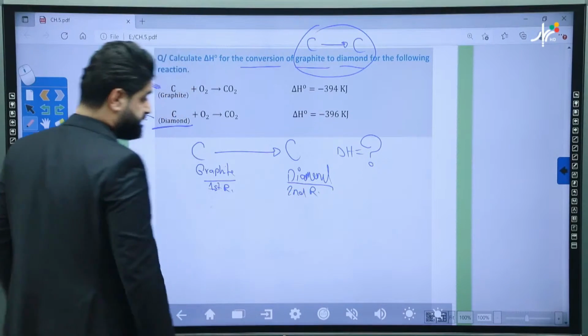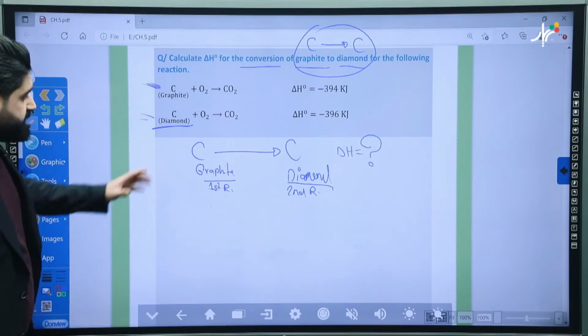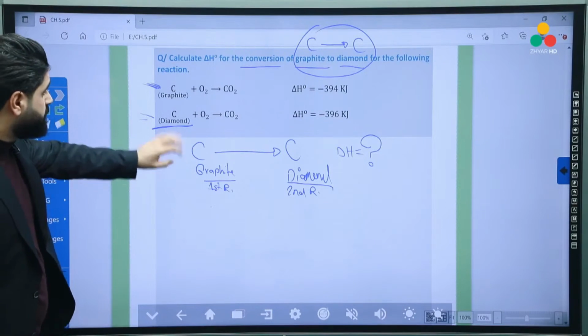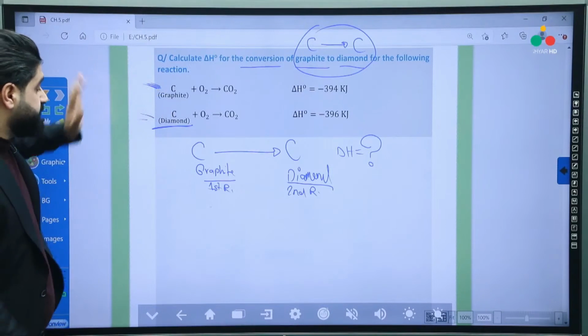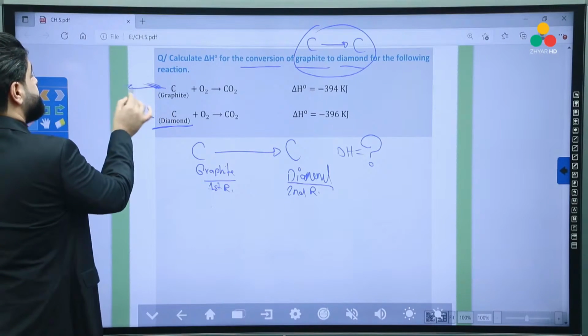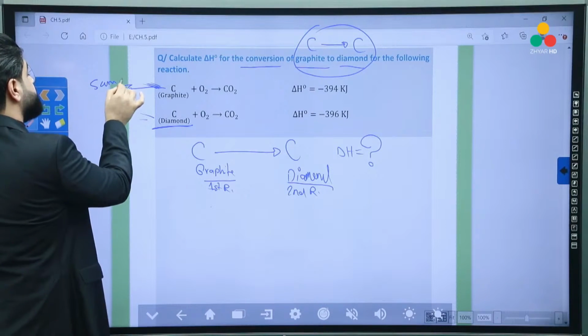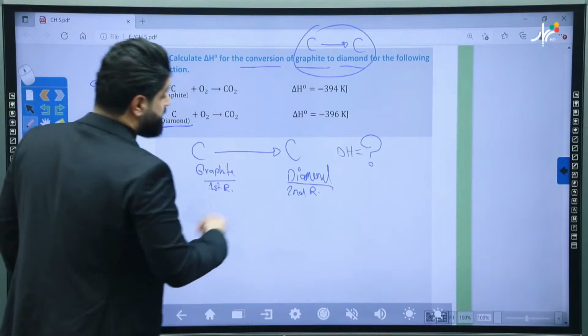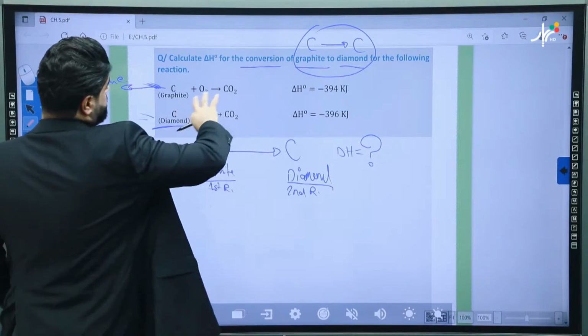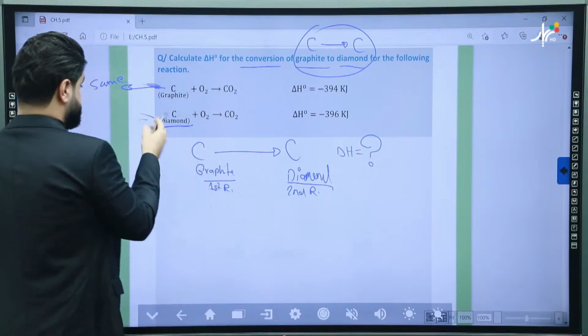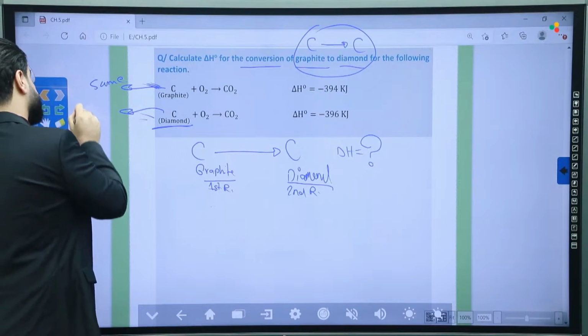Now let's check their position and number of moles. Graphite, 1 mole, in the reactant, so it's okay, the same. Diamond, 1 mole, but it's in the products and needs to be in the reactants, so reverse or flip.